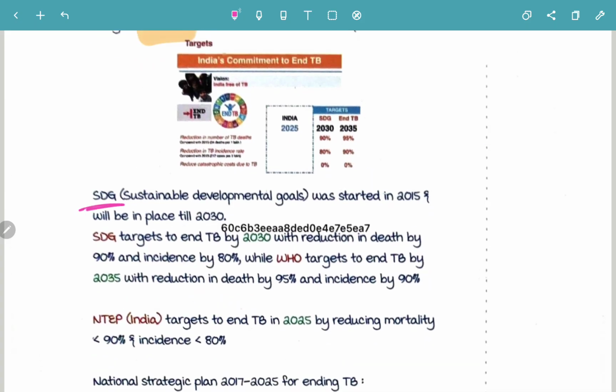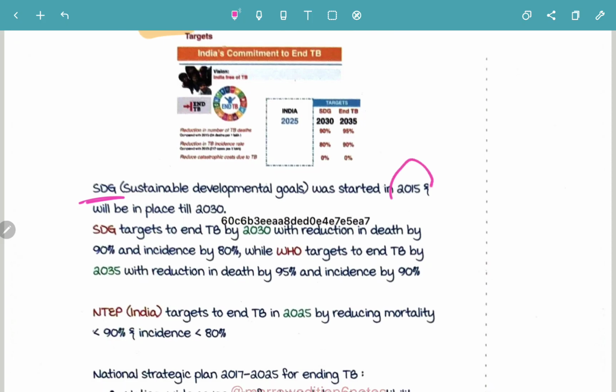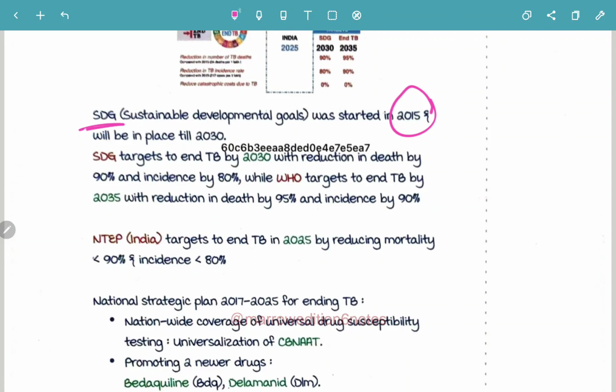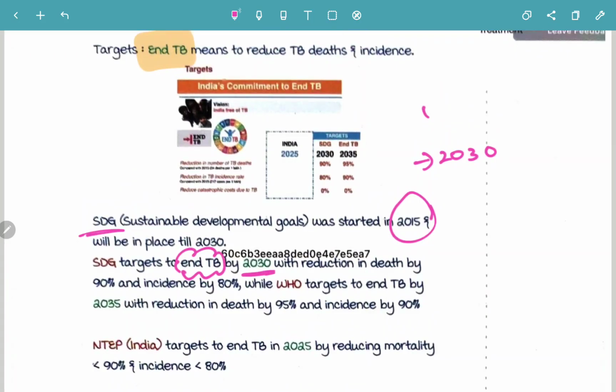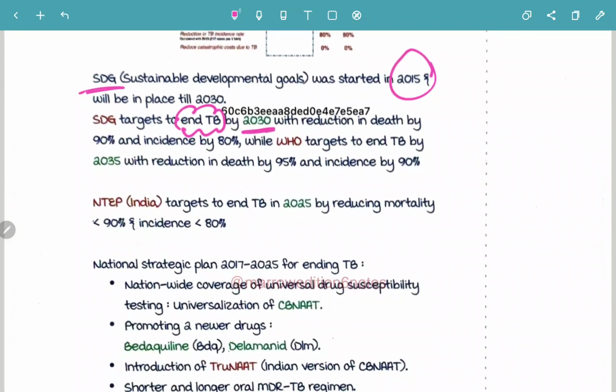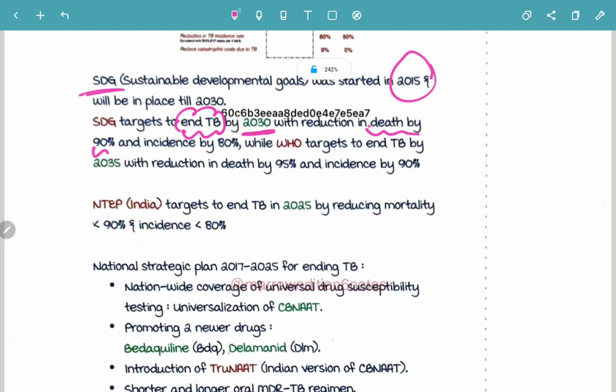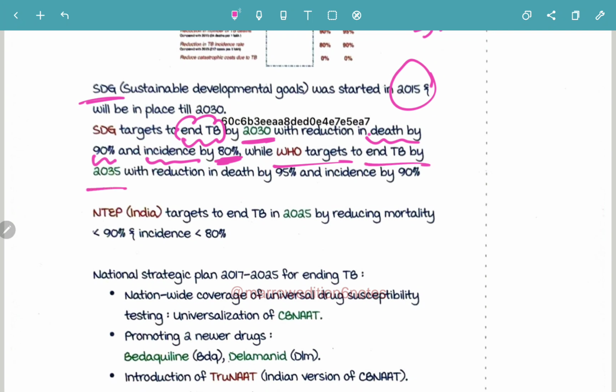As per the Sustainable Development Goals, which started in 2015, the target to end TB is by 2030.